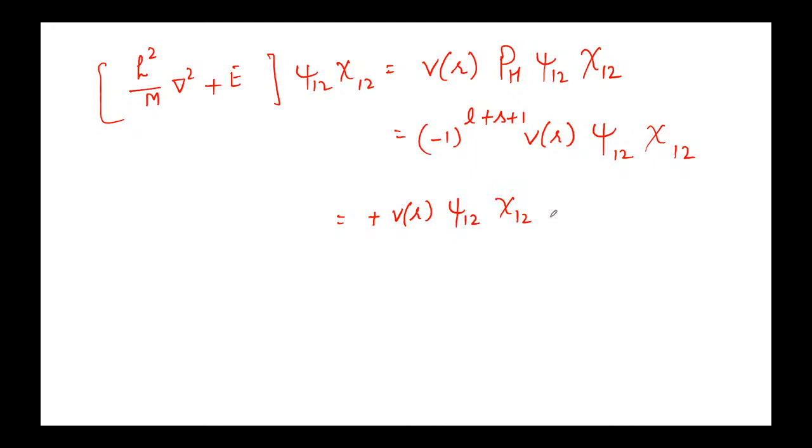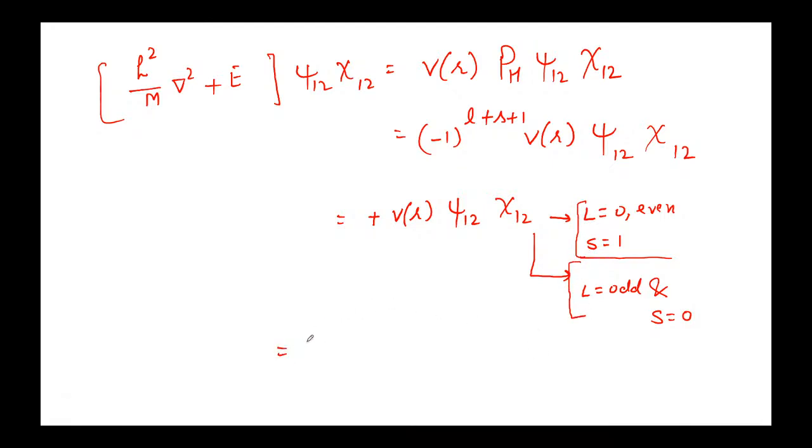These forces are attractive when L is 0 or even and the spin is parallel, or again the force is attractive when the value of L is odd and S is 0. So in these two cases the nuclear forces can be attractive in nature.